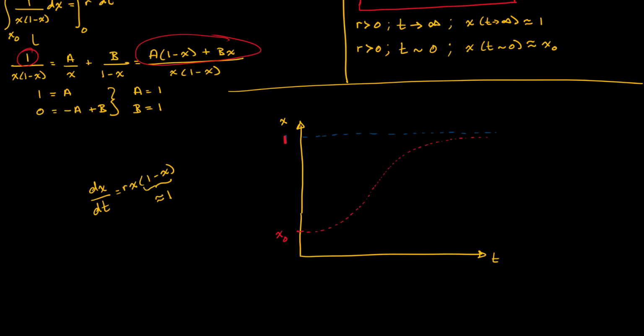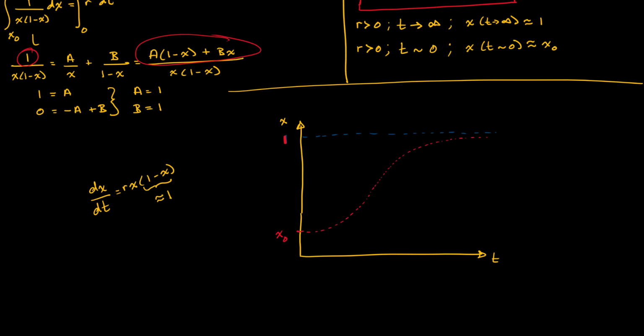Now, this model is not perfect, but it's definitely better than our original population growth model. It does not extend to infinity as time gets larger and larger. It has an embedded mechanism to reduce the growth rate as the population increases.